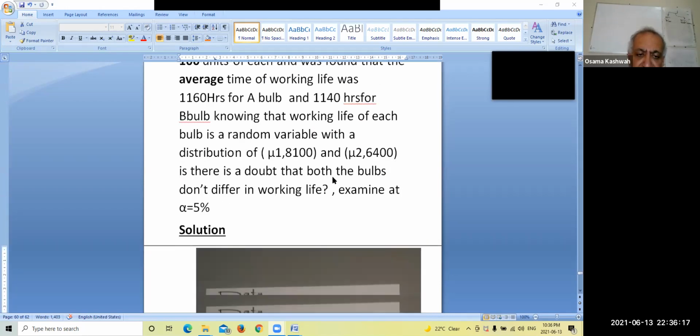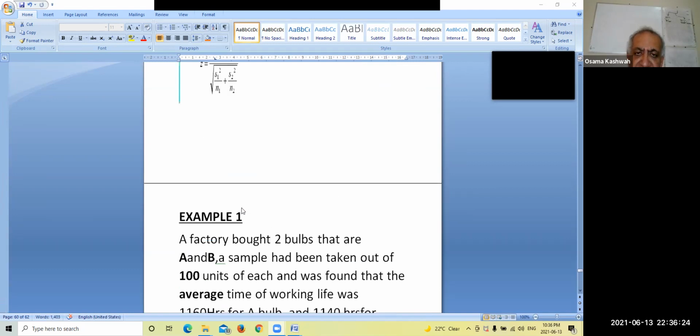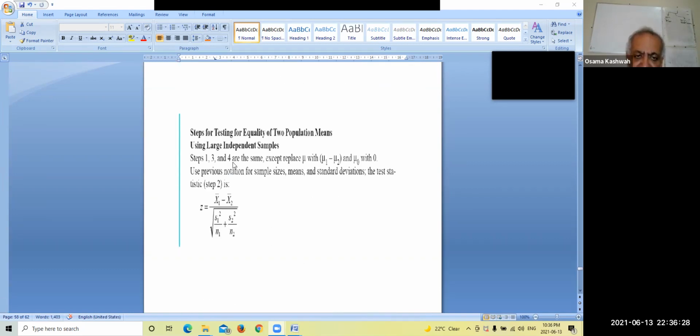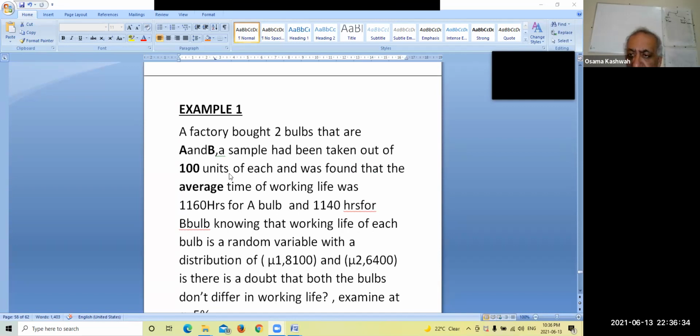I will apply the Z test and calculate it based on the Z. In this example, it's different because here it is working on the sample. This one is very important because I'm working here on the population set.